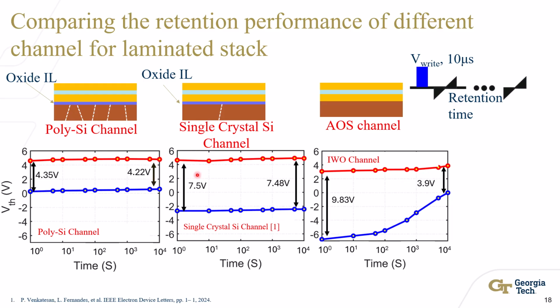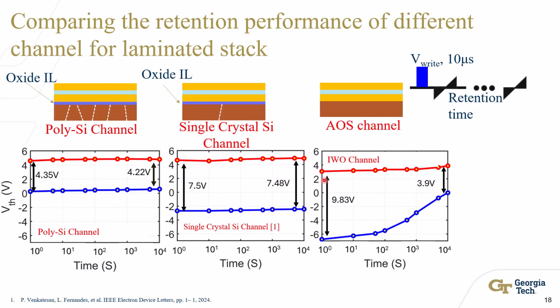The memory window is higher compared to the polysilicon channel as we saw before, and the erased and programmed threshold voltage remains mostly stable over time, with significantly low memory window loss over 10,000 seconds. And then we have the IWO channel or amorphous oxide channel FEFET.